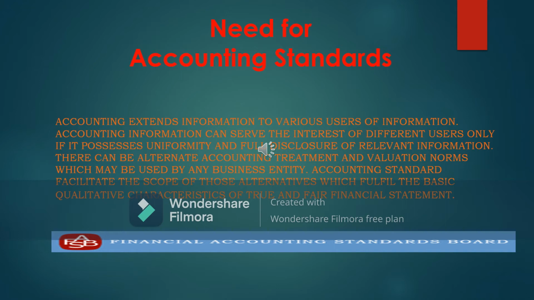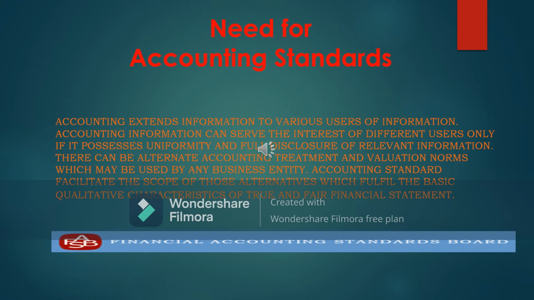If it possesses uniformity and full disclosure of relevant information, there can still be alternate accounting treatments and valuation norms which may be used by any business entity. So any business entity can use any accounting treatment or valuation norms, but accounting standards facilitate the scope of those alternatives which fulfill the basic qualitative characteristics of true and fair financial statements.